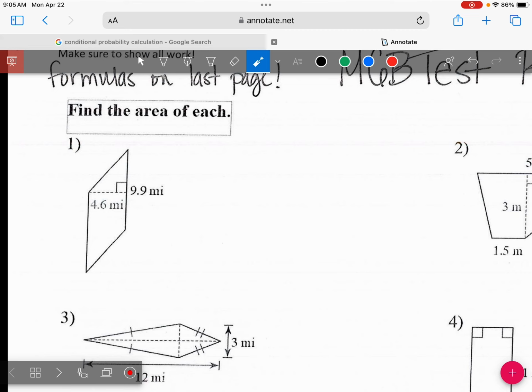Does it look like a kite? It kind of does look like a kite, but it's not a kite. Not a triangle because it has 4 sides. This is actually a parallelogram. That will be on the test. It's actually the first question on the test.